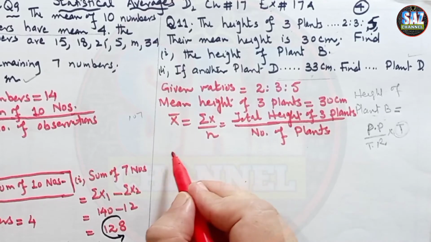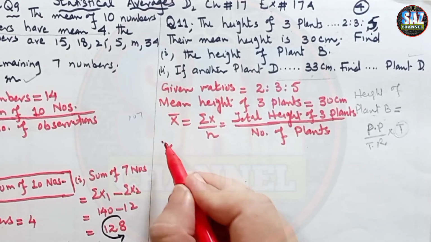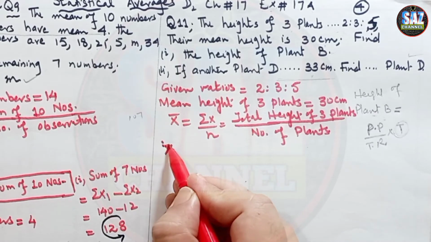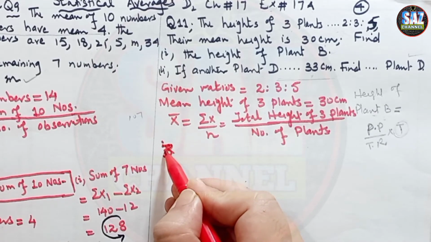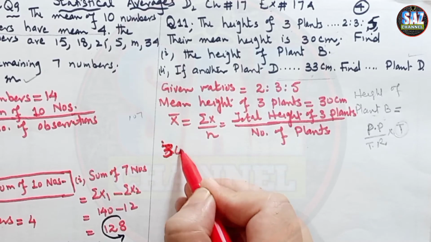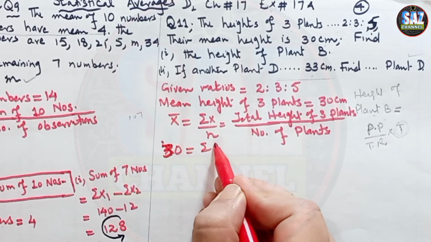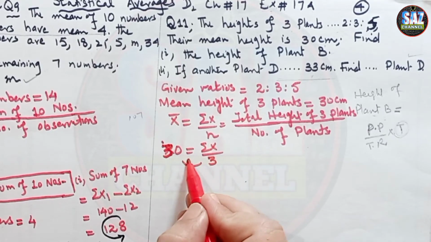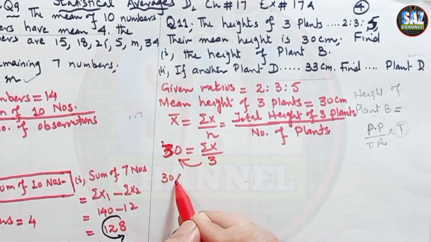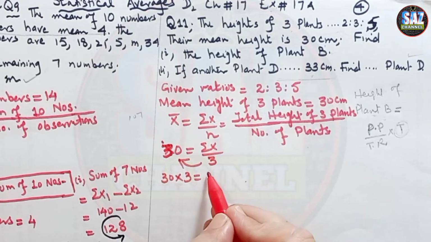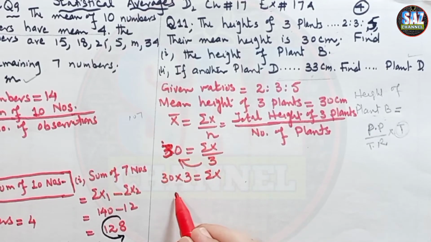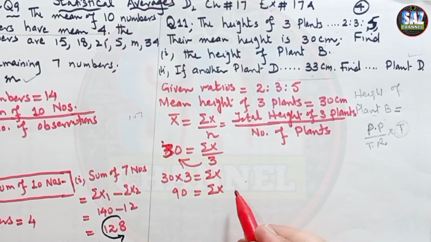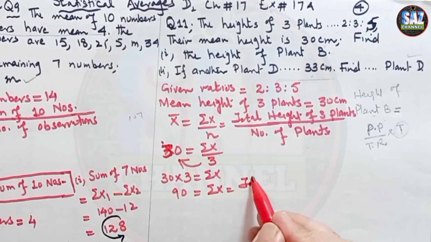Instead of the mean, the mean height is 30, so I replace 30 here, and this is summation of x upon 3, because there are 3 plants in the garden. 30 times 3 is summation of x, so 90 is the total height of 3 plants.